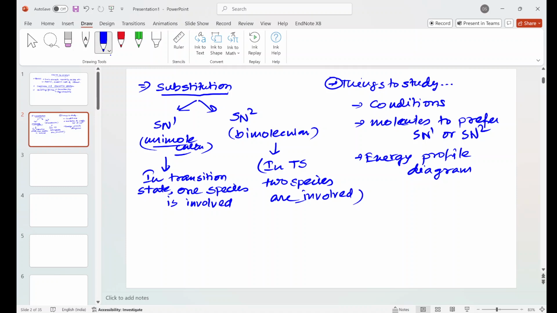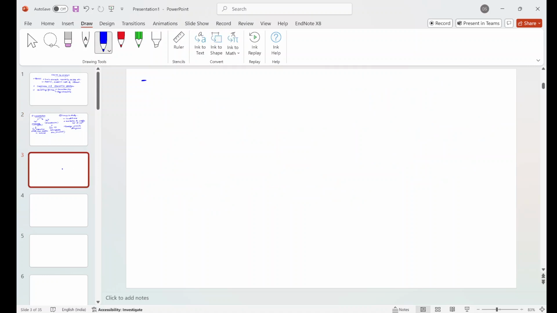That is very important to understand. Now we'll start with the unimolecular one, question one.